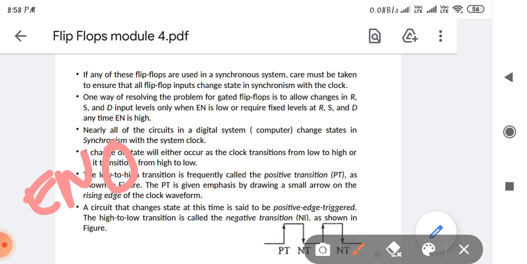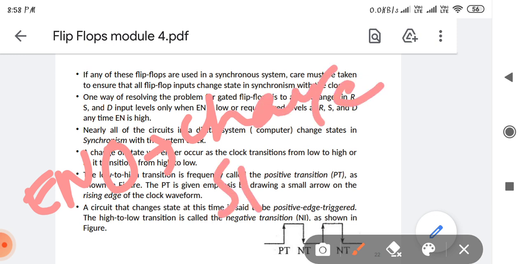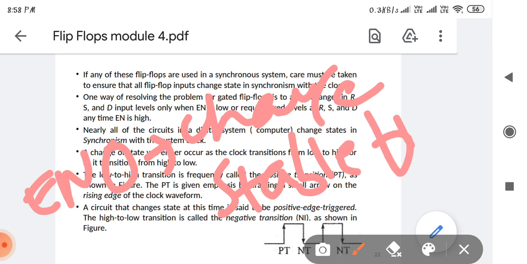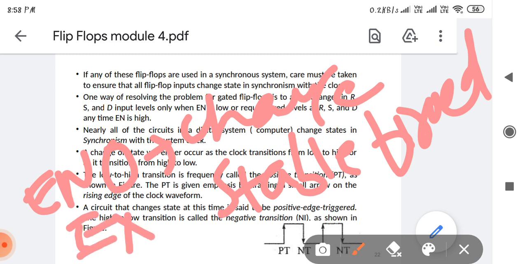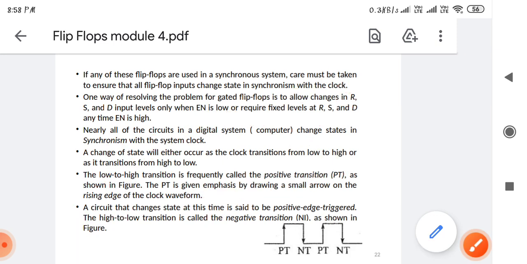Fixed levels are required at R, S, D when enable is high, enable equals 1. This is the state considered in the RS flip-flop.